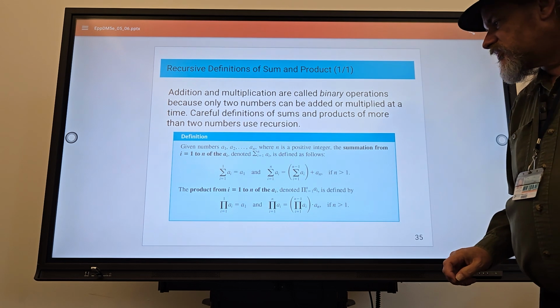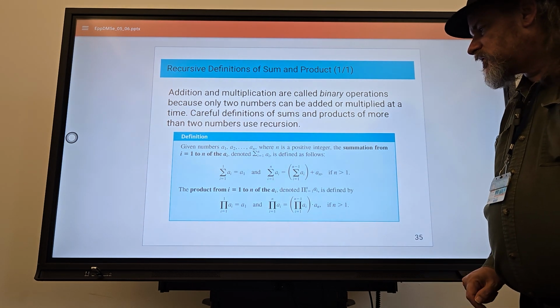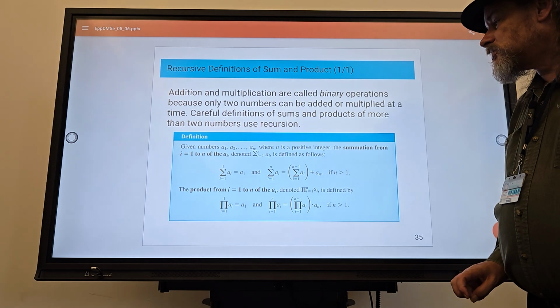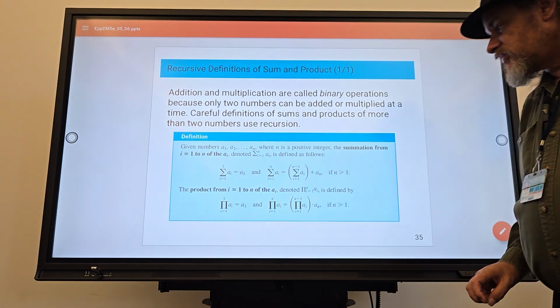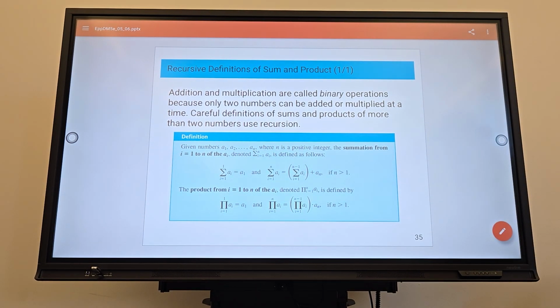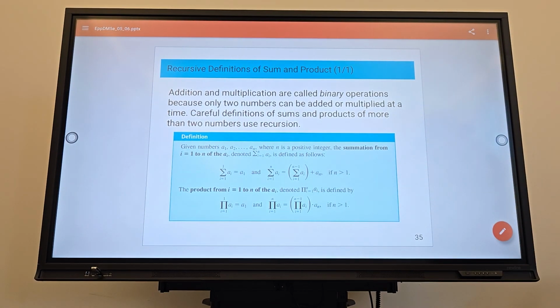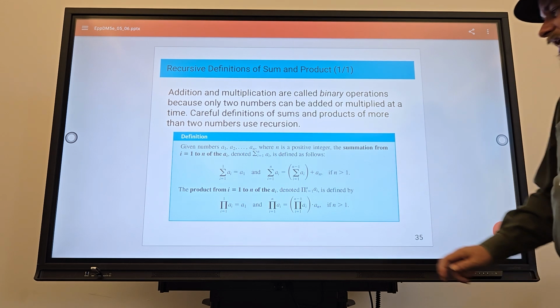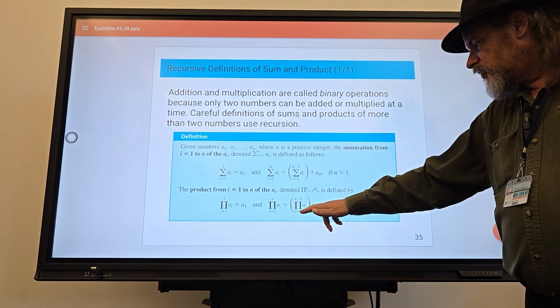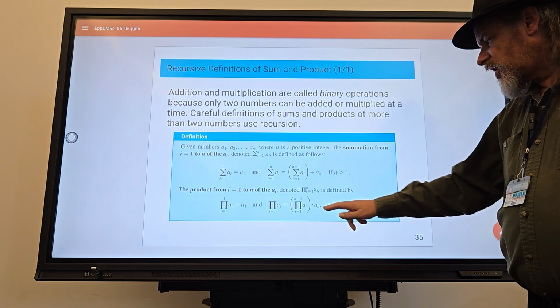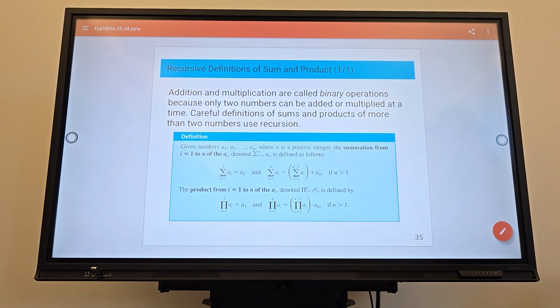Likewise, the product with i from 1 to n of a sub i is defined as being the product from i equals 1 to n minus 1 of a sub i times a sub n.